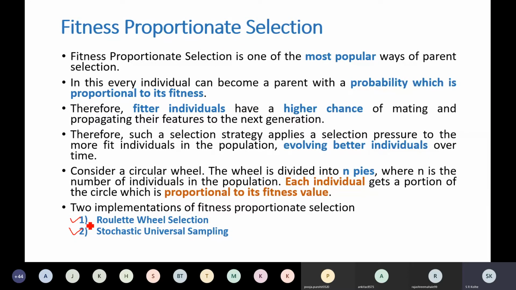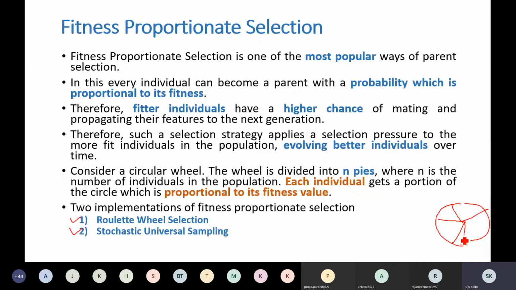So if a chromosome is more fit, then it will have more probability, that means higher chances of getting involved in generating offsprings. Okay. So what we do here in fitness proportionate selection is divide the wheel into n pies, that means parts.